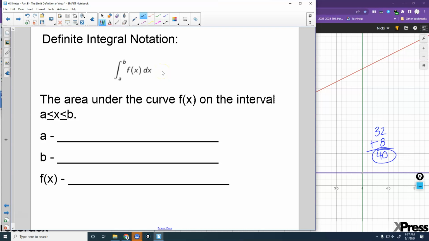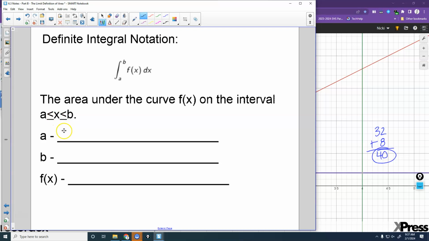All right, now I did introduce this notation to you just a little bit yesterday. We are still not really doing this notation, but they're going to use it to ask you for the exact area under the curve. So this notation right here is asking us for the area under the curve of f of x on the interval from a to b.